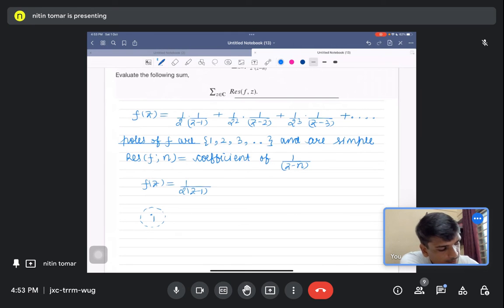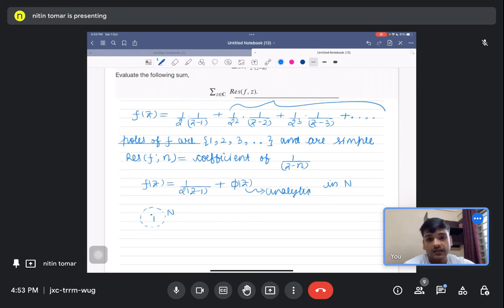Every other element in the sum will be some analytic function in this neighborhood. Is this clear?